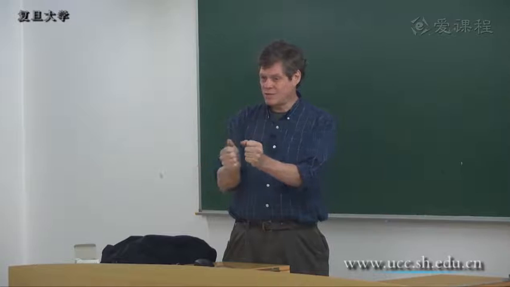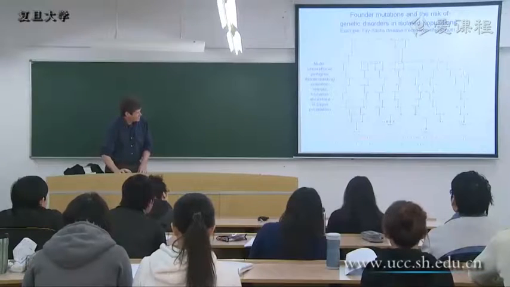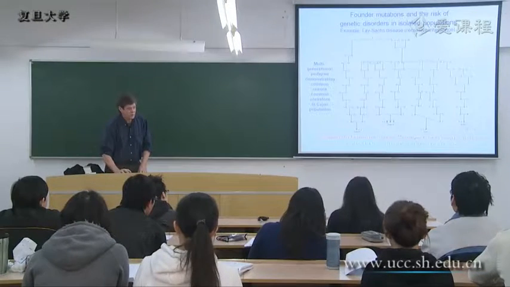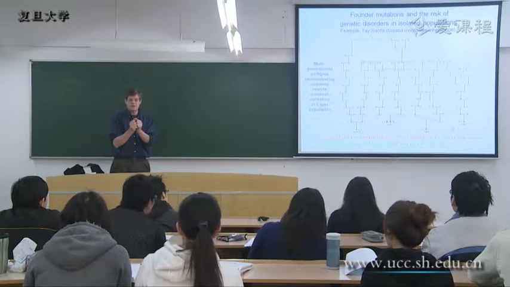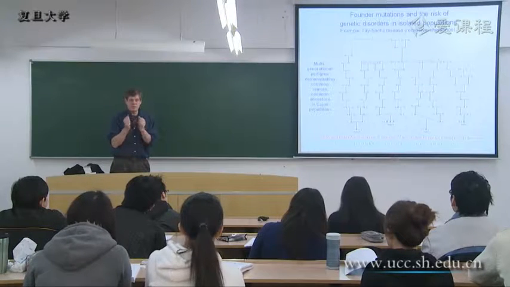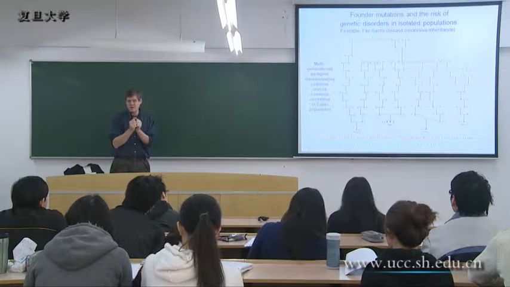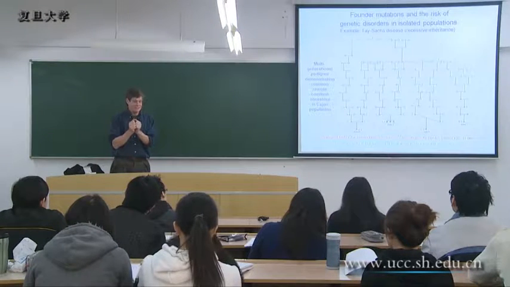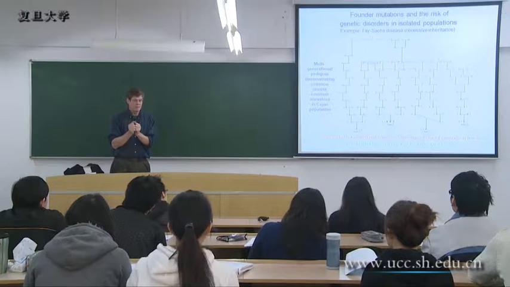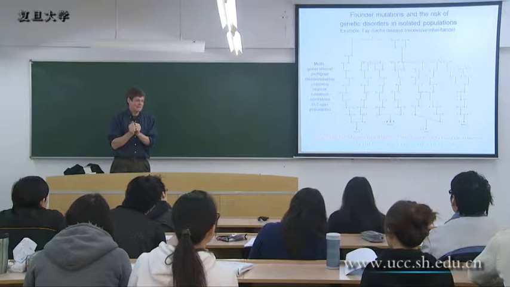And then those two mutations came together. And so this person has the same disorder, but carries two different mutations. So in this case, we say these mutations or the genes are identical by state. In other words, they're both mutant, but they're not identical by descent.